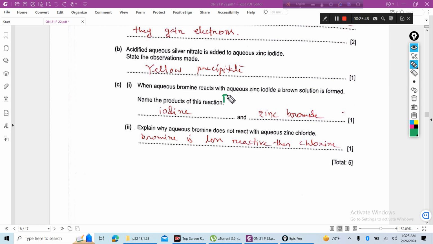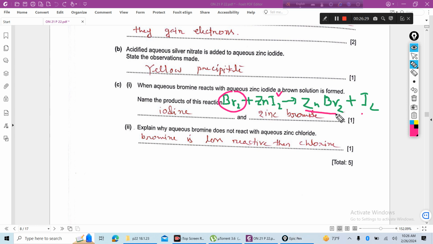Bromine reacts with zinc iodide, zinc bromide plus iodine is produced, because bromine is more reactive than iodine, so bromine displaces iodine.